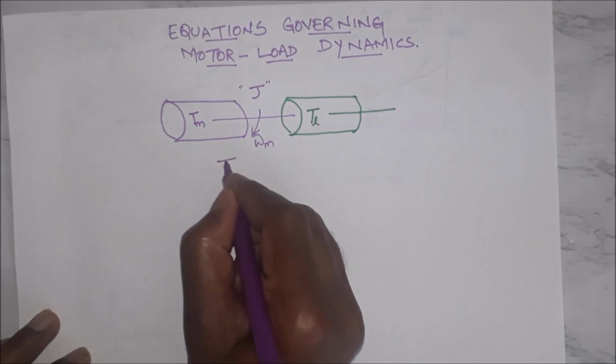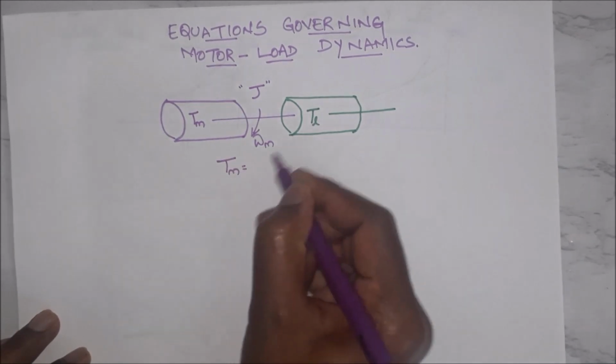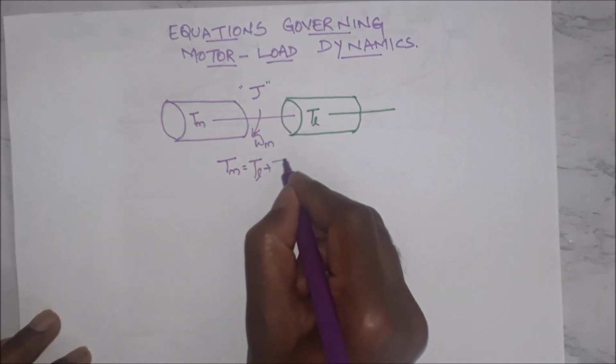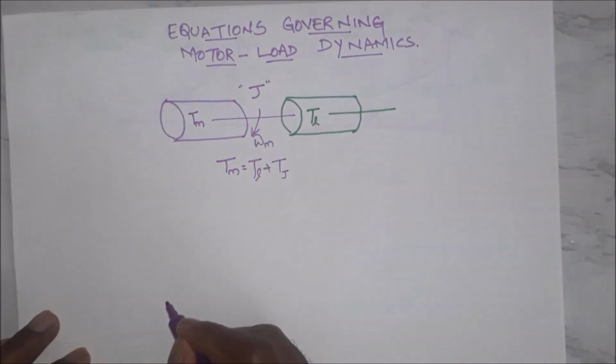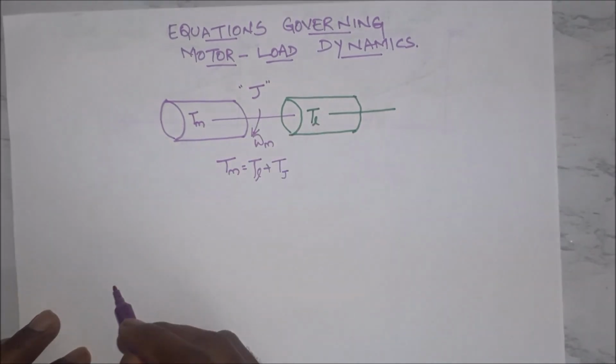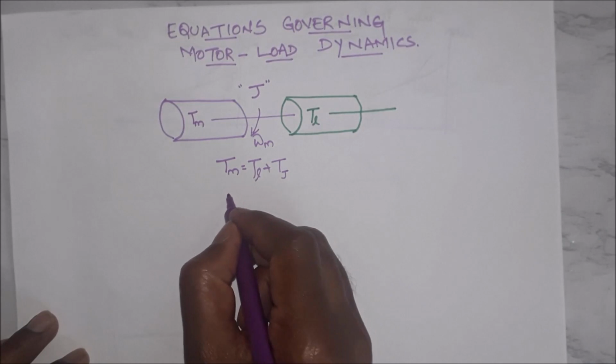That means the motor torque Tm is equal to the load torque plus the torque due to inertia.